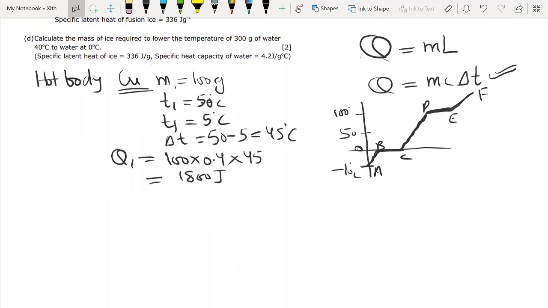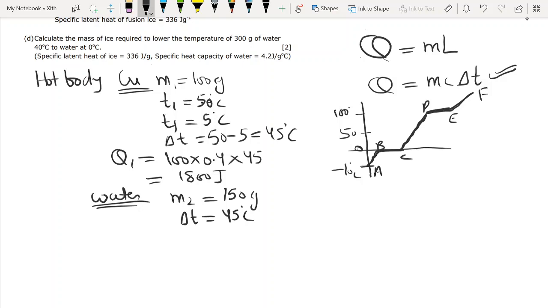So what will happen for water? We will see that the mass of water M2 is 150 grams, and understand that the change in temperature for water also is 45 degree Celsius only. So I write delta T as 45 degree Celsius.